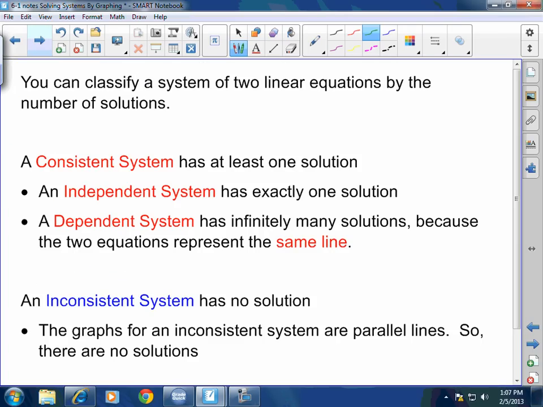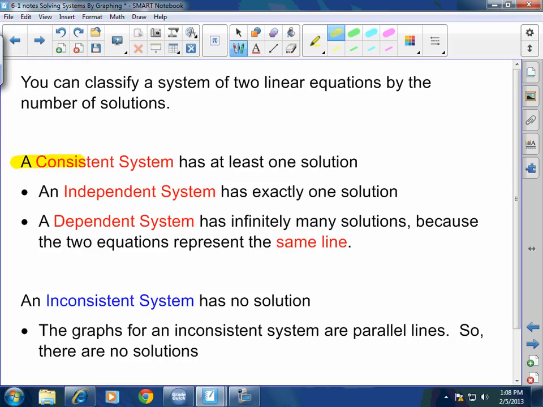Now, when you have a system of equations, you can classify the system by the number of solutions. There are 2 main categories here. I want you to be very clear on this. There are 2 main categories, guys.